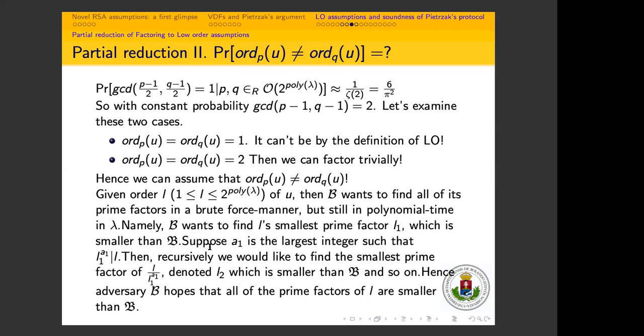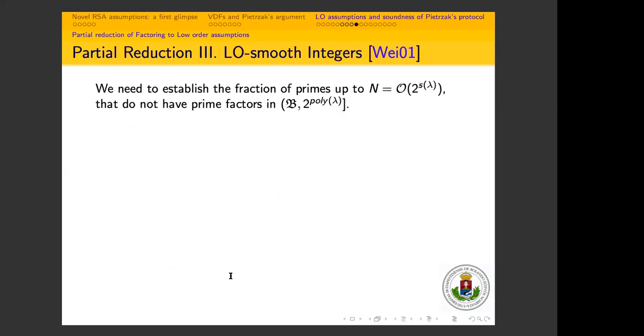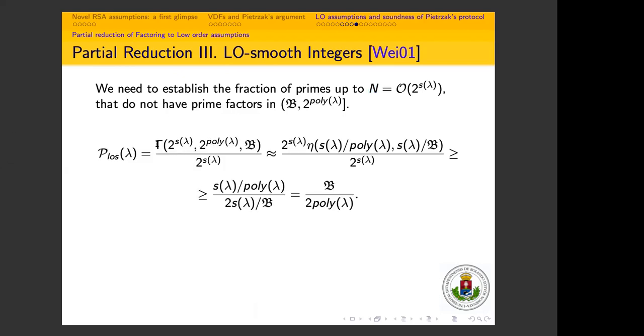Now we need to establish the probability that, for a random RSA modulus, we will have such a nice modulus, in which case L doesn't have large factors. There's a really nice theorem by Gardner, and I will not state the theorem now. It's a beautiful theorem from analytic number theory, and it says that basically the integers up to n which don't have divisors in this interval are really a lot.